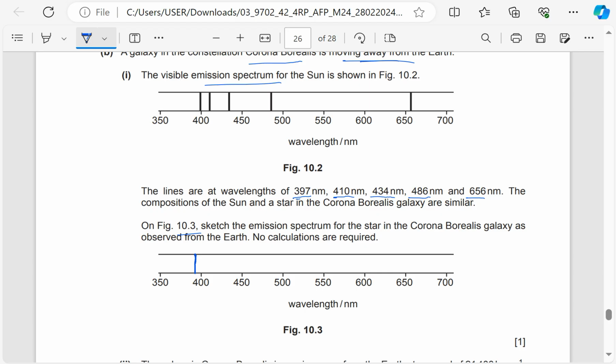Because this is 400 and 450, 410 could be around here. Then next is 434. Of course, 434 is just after the center, so I would put it around here, because at the center is 425.